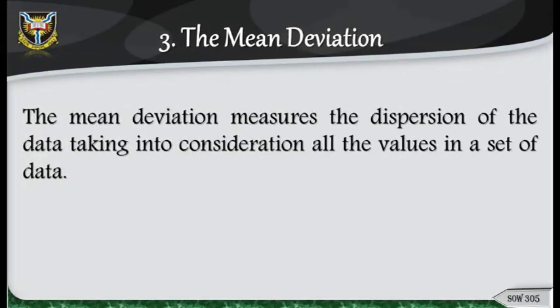3. The mean deviation. The mean deviation measures the dispersion of the data, taking into consideration all the values in a set of data. It indicates how far the values are from the arithmetic mean or the median.